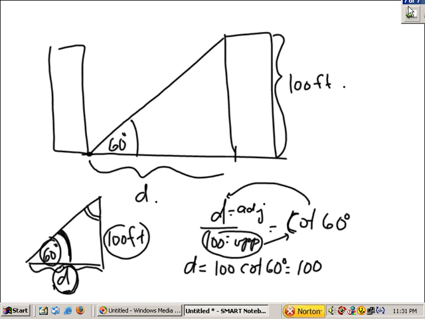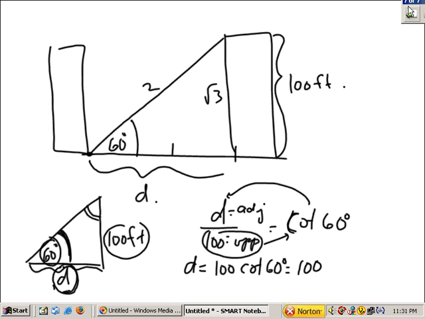Now 60 degrees is a good triangle because we know about 60 degrees. This is 1, this is 2, this is square root of 3.